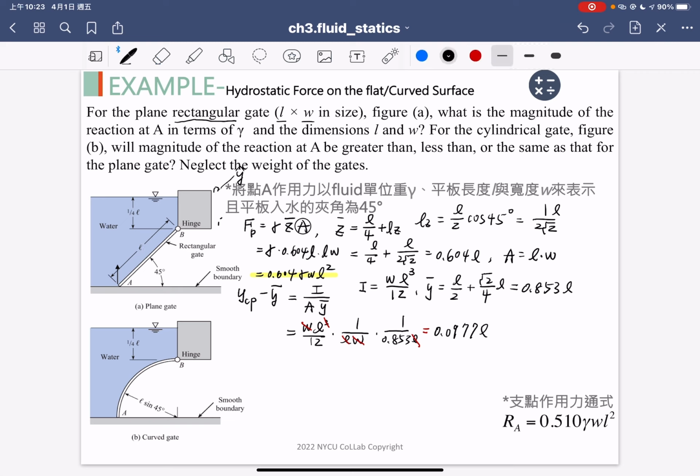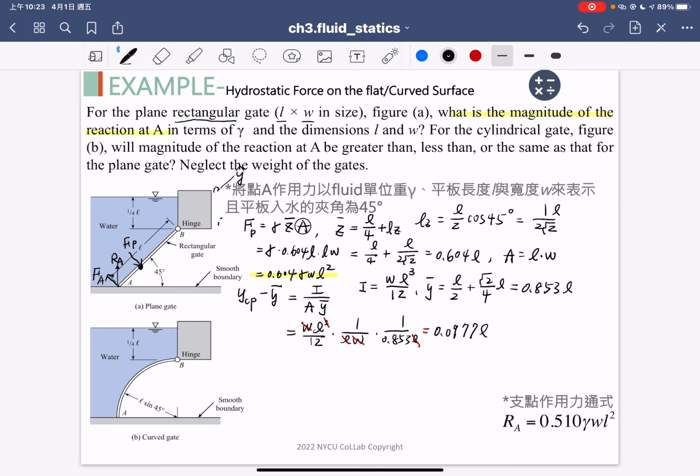We reconsider our question. The question is, what is the magnitude of the reaction force at the point A? We already know the YCP point here, and there is a FP, and here is a reaction force at the A point, and we can convert the reaction at A to this direction. We call that the FA. So we can have the moment balance between the FP and the FA force.